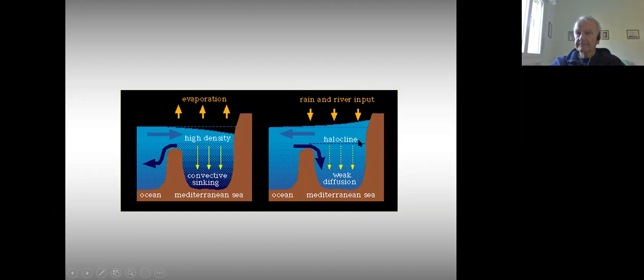In that case, the semi-enclosed sea releases the fresh water toward the adjacent ocean, and there is an inflow of dense water from the adjacent ocean into the semi-enclosed sea, where the rain and river input is larger than the evaporation. And this kind of semi-enclosed seas or Mediterranean seas obviously exist as well.